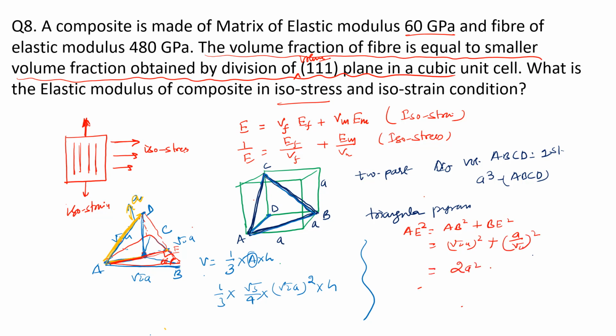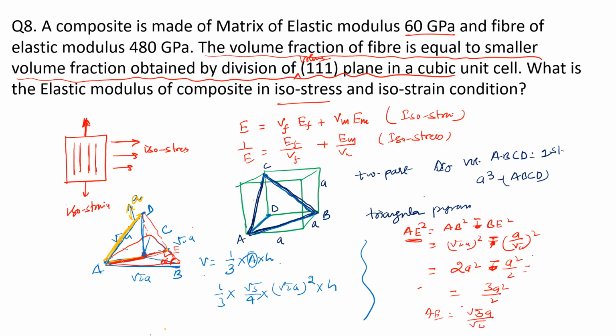So 2a square plus a square by 2. Wait, there is a mistake. AE square is equal to AB square minus BE square, it should be minus, right? Because AB is the hypotenuse. So it will be 3a square by 2. So AE is equal to root 3a by root 2.